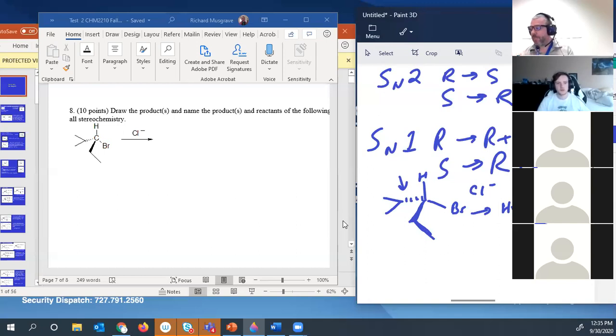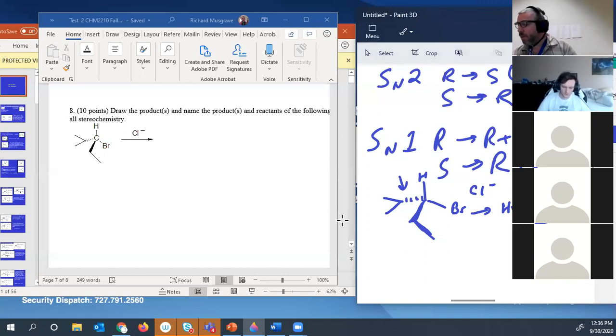All right. So once we've done that, we've achieved both of those goals, right? So we do 2 things at once here. We switch 2 groups and do a substitution. And what are the rules for switching the groups? Are there any? No, you can switch any 2 groups you like, and you will change the stereochemistry.